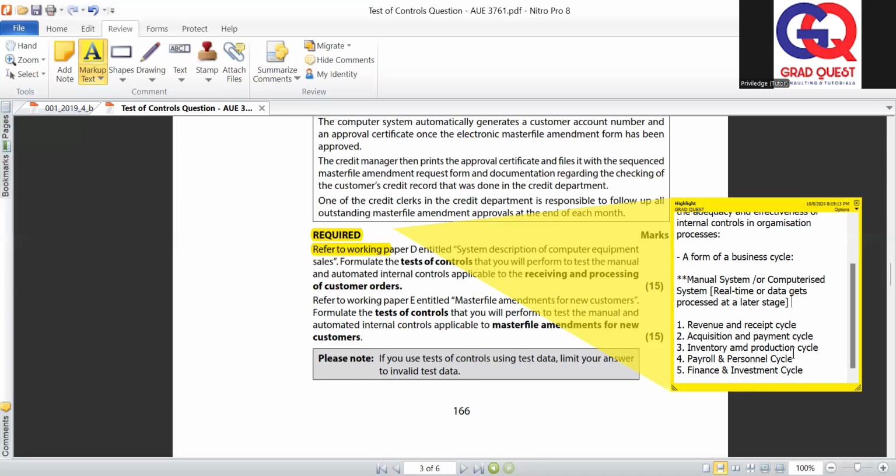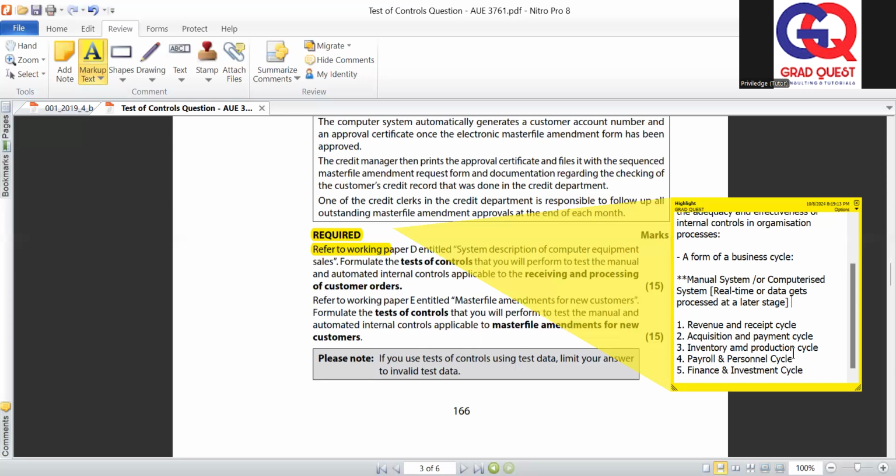For instance, the employee file is accessible within the payroll and personnel system of the organization. Same thing with the issue of payroll. If you want to access the payroll system of the organization, it will be something that is computerized.